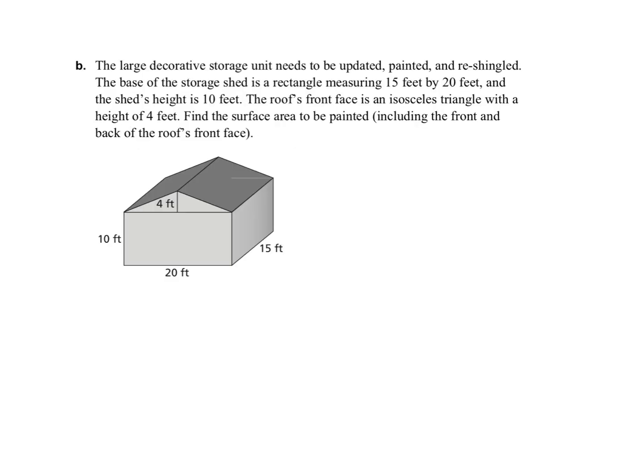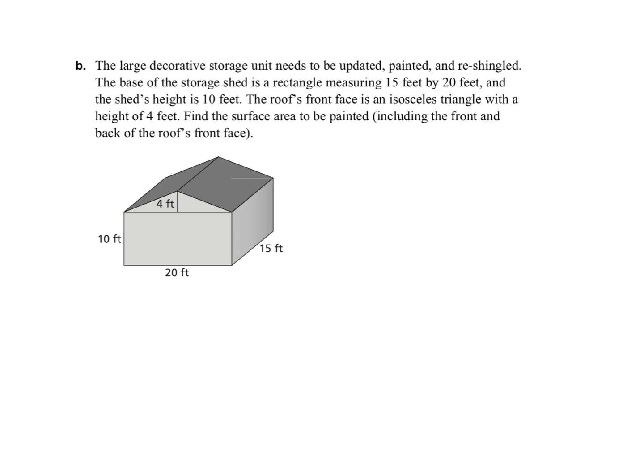So you have a large decorative storage unit that needs to be updated. It needs to be painted and reshingled. The base of the storage shed is a rectangle measuring 15 feet by 20 feet. And the shed's height is 10 feet. The roof's front face is an isosceles triangle with a height of 4 feet.